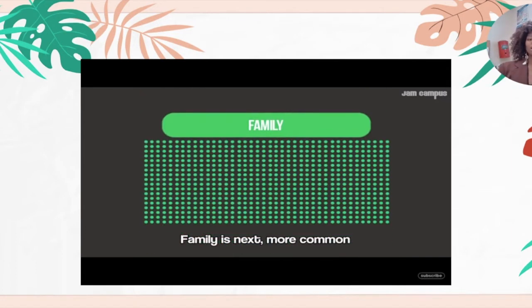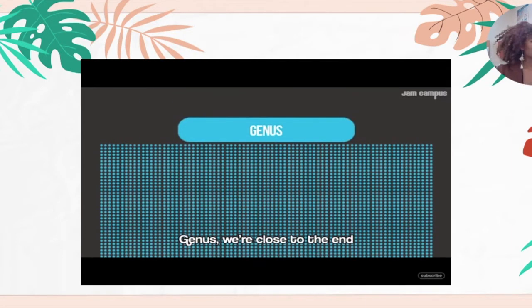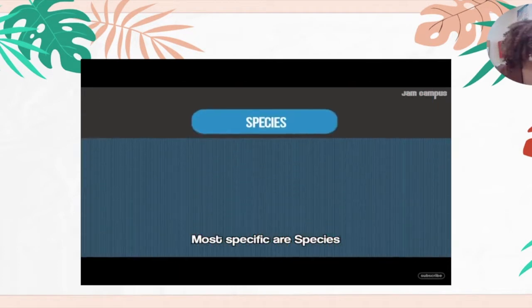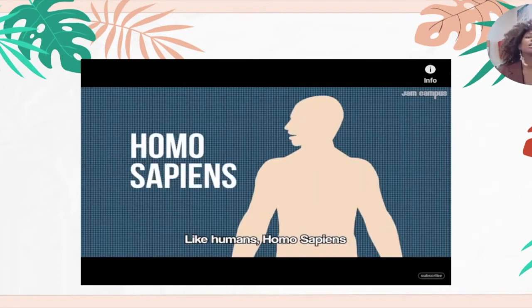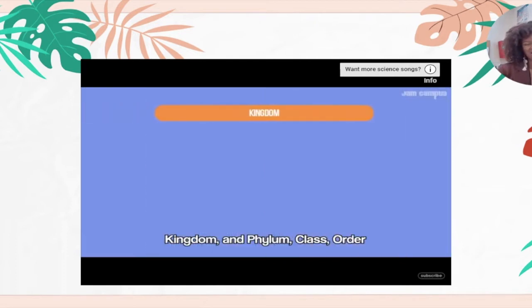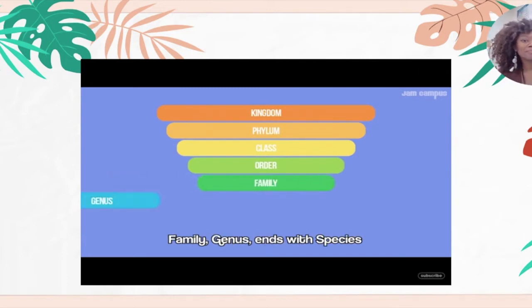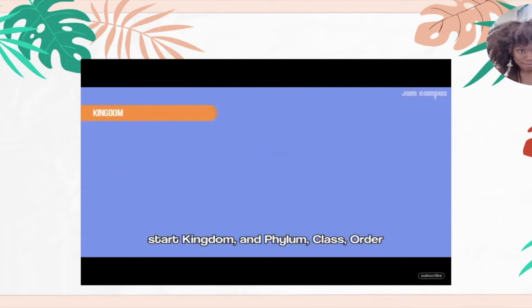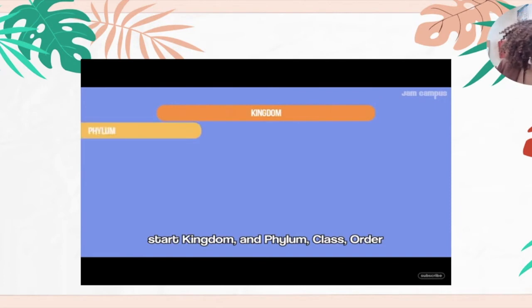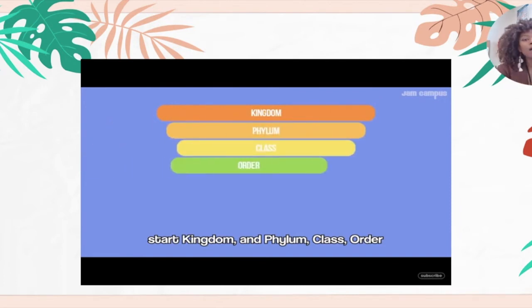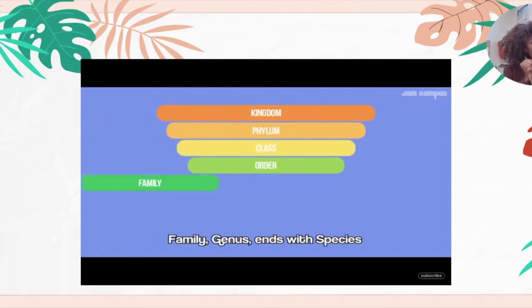Then families next, more common. Genus, very close to the end. Specific, non-species. Humans almost sapient. Kingdoms and phylum, class, order, and the genus and the species. Kingdom and phylum, class, order, and the genus and the species.